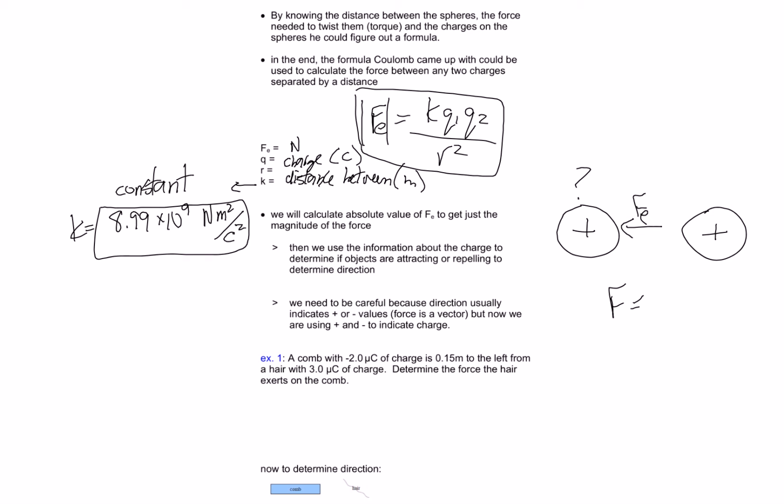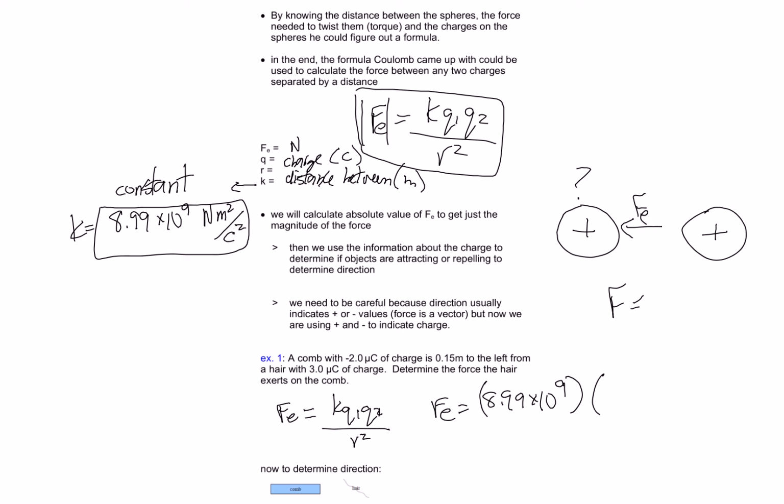So let's do a simple example. Example number 1 here at the bottom says calculate the force between hair and a comb. So you comb your hair and you create static, so we can actually figure out what the force of electricity is on those objects. So we just plug in our k value, 8.99 times 10 to the 9. Charge 1, you can see it says negative 2 microcoulombs.